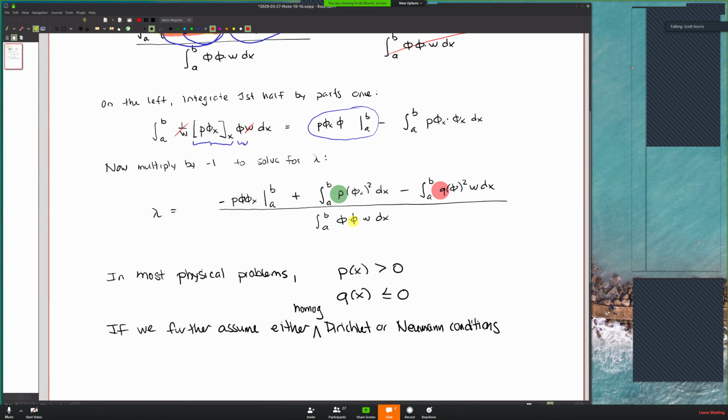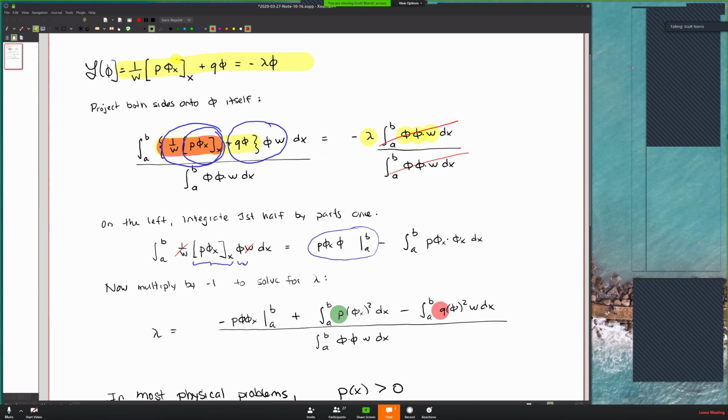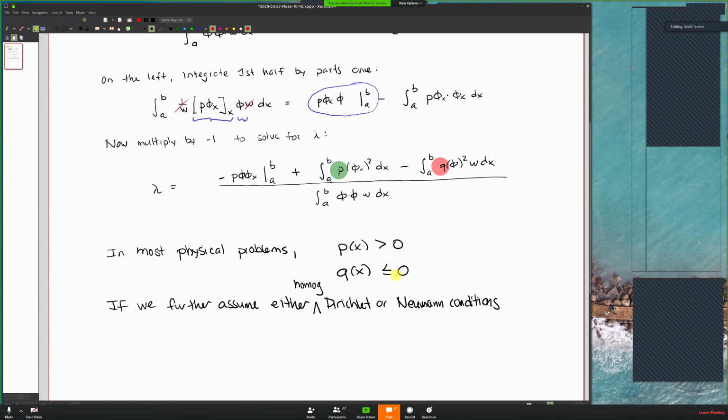So if our original operator here was phi xx, that's equal to P being 1, and 1 is positive, right? So if P is positive and Q is negative or 0, then there are no negative eigenvalues.